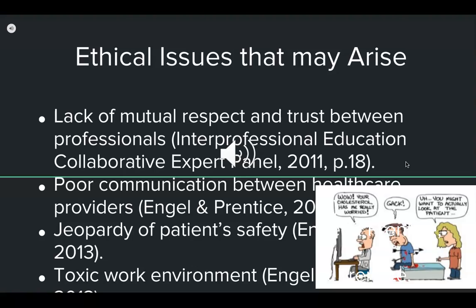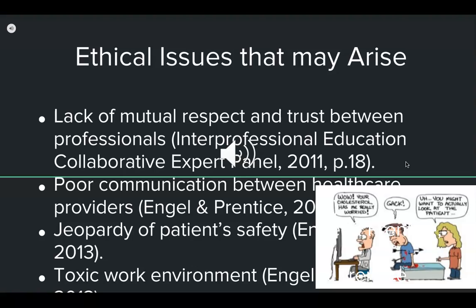Professional influences such as differences in perspective regarding patient outcomes, power struggles among team members, lack of role clarity, lack of understanding about roles and scopes of practice of other providers, as well as stereotyping with regards to the other professions. These all have been found to contribute to the poor communication found in healthcare.